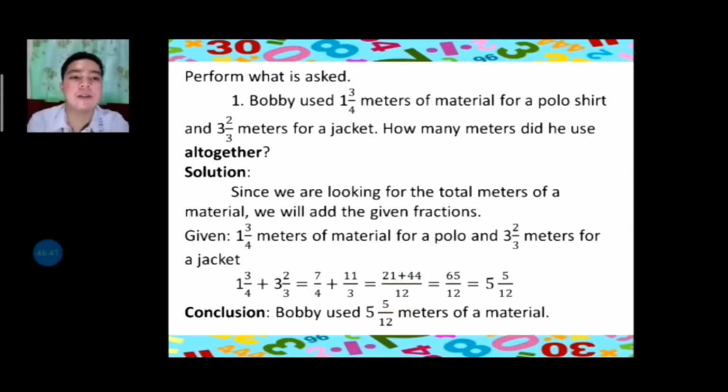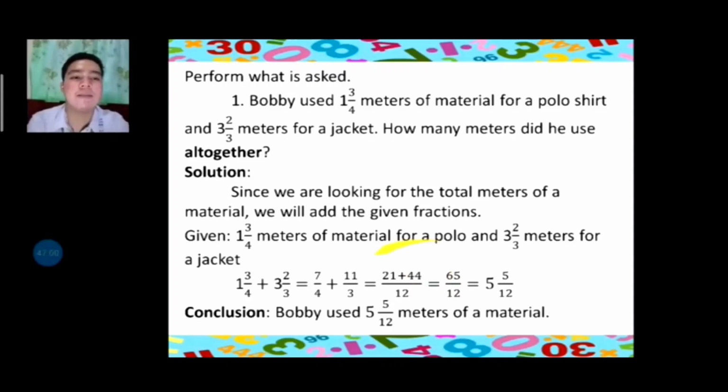So 12. To have our numerator, 12 divided by 4 is 3, times 7 is 21, plus 12 divided by 3 is 4, times 11 is 44.